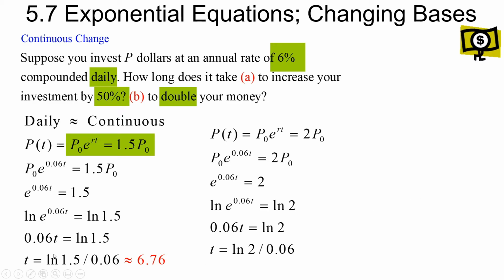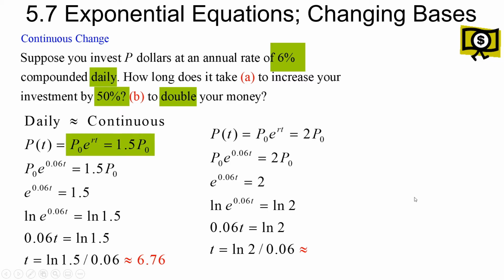To increase our investment by 50%, look at this final answer. It's the natural log of 1.5 divided by what? My interest rate. To double my money, we have the natural log of 2 divided by our interest rate. Wow. We use that a lot in calculus.